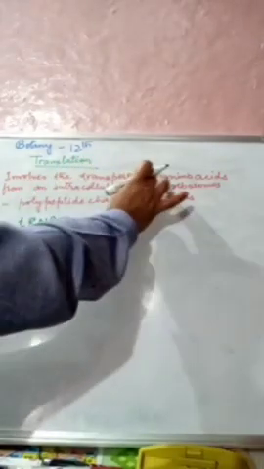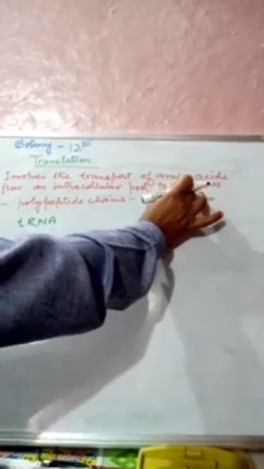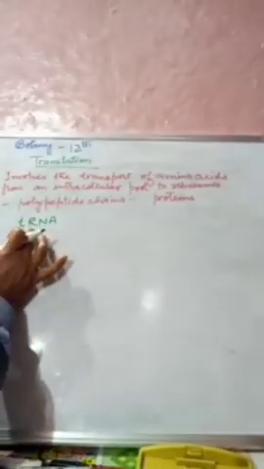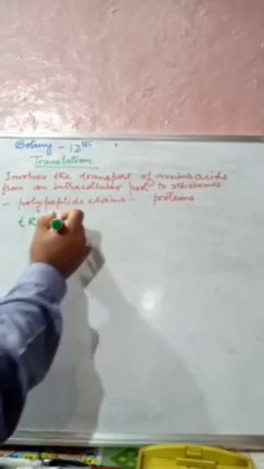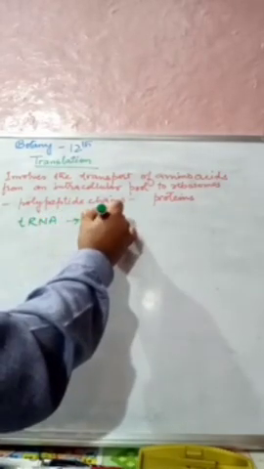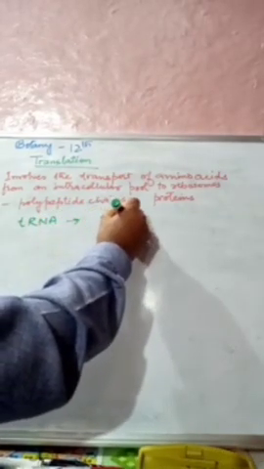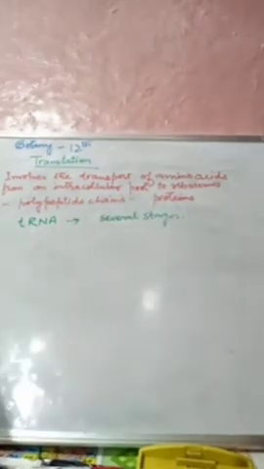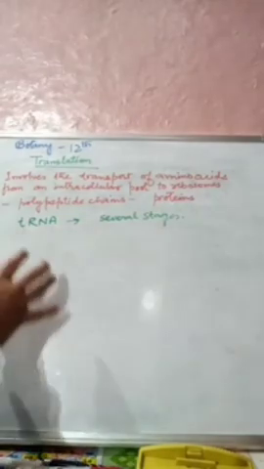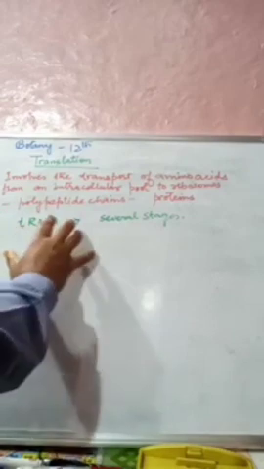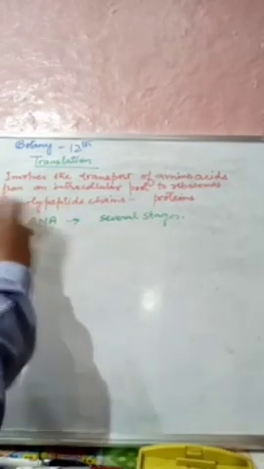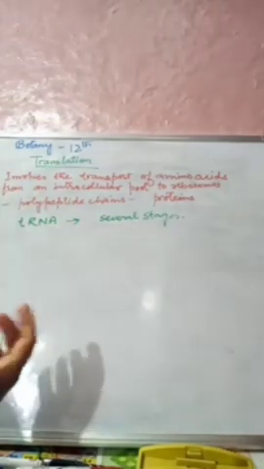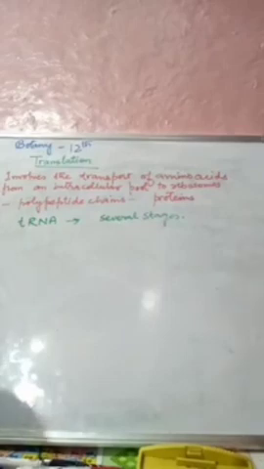This transport takes place in several stages, in various steps. There are mainly 5 major stages, and what are those 5 major stages in this translation process? We will try to discuss them one by one.